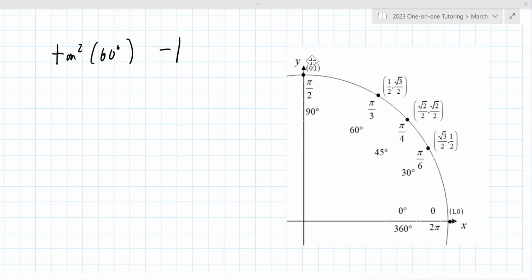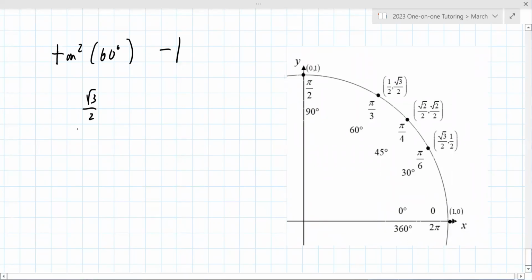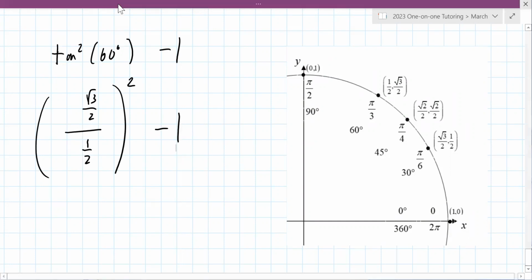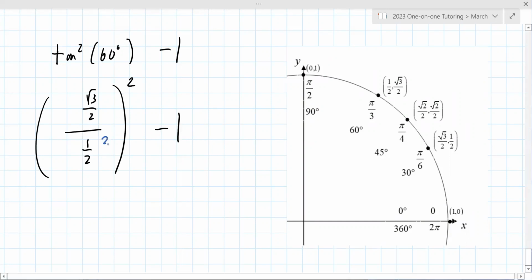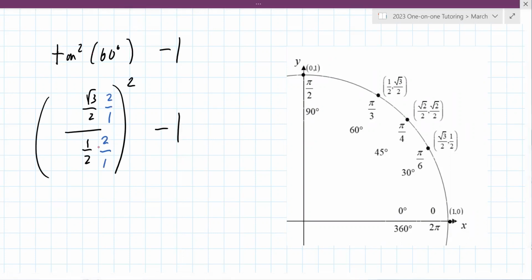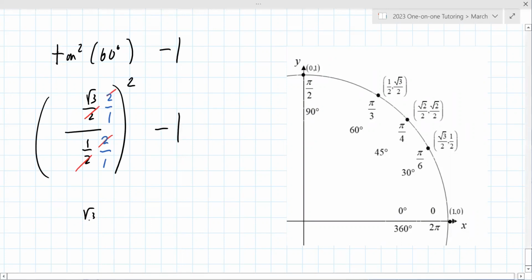So I have the sine of 60 and cosine of 60 over each other, but I'm having trouble simplifying. Got it. So here, do you have something like square root of 3 over 2 over 1/2? Yeah. Now you can again multiply by the reciprocal. And again, what that does is it cancels out a lot of things. So it ends up being the square root of 3 over 1, squared.